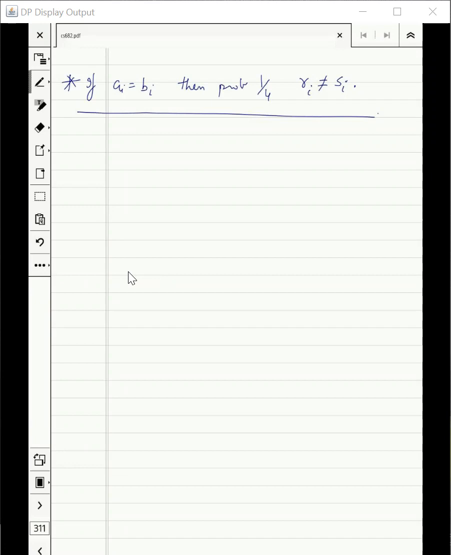Oh, okay. This is obviously Ri not equal to Si is a problem, because now we have a secret key which doesn't agree. That's one problem, but the bigger problem is that Eve can guess, or has access to, half the secret key in expectation.